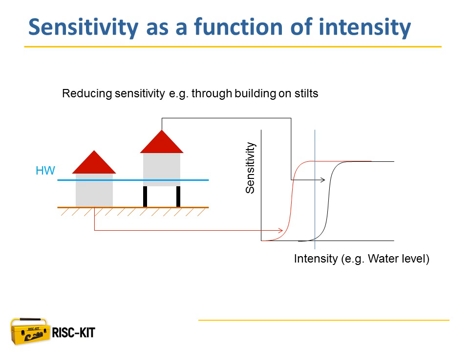An example of sensitivity is raising houses on stilts. If a house is put on the ground level and experiences a certain water level, it will experience a certain damage. But if you raise it up, the sensitivity will go down. The damage will go down because you reduce the sensitivity.